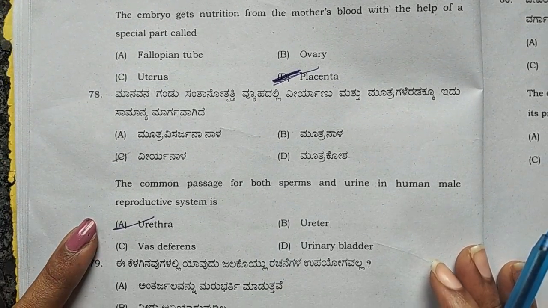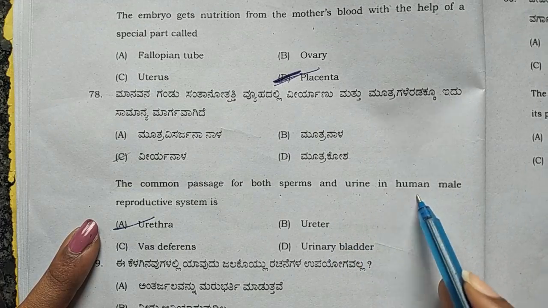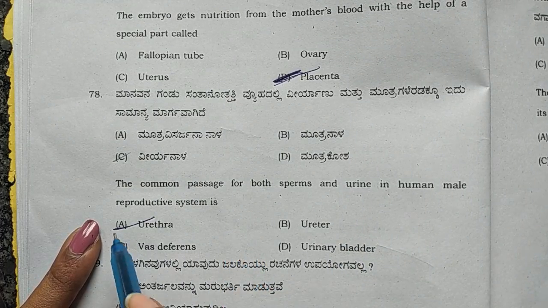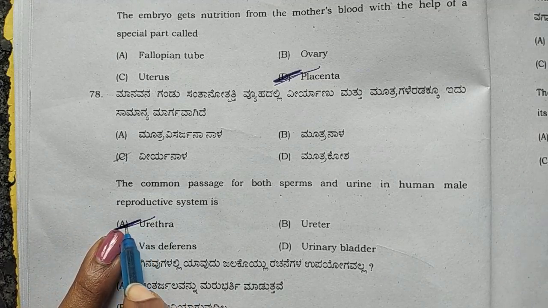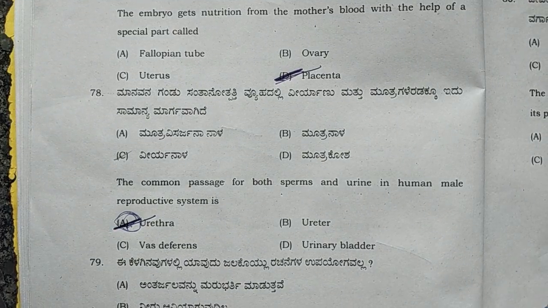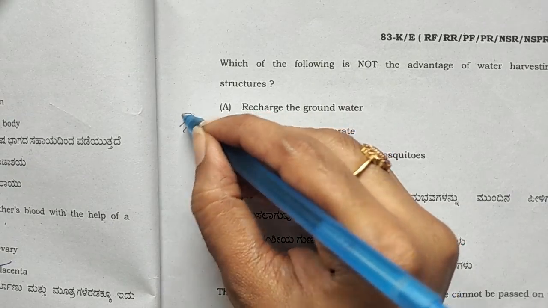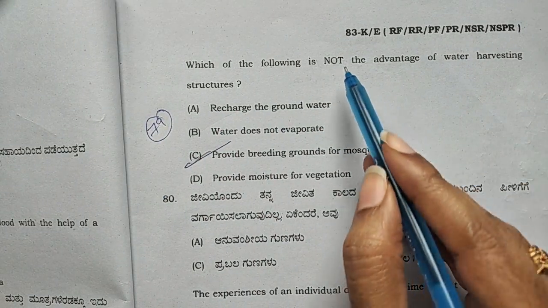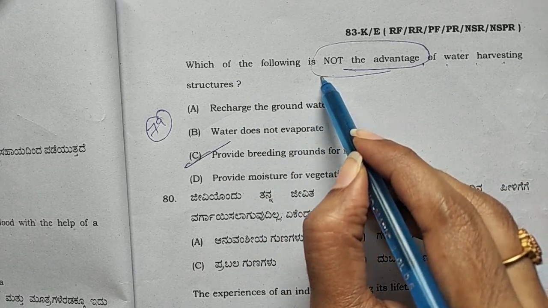78th. The common passage for both sperms and urine in the human male reproductive system is the urethra. Okay, it is urethra, right? So option A is correct for the 78th question. Coming to the 79th question. Which of the following is not an advantage of water harvesting structures?